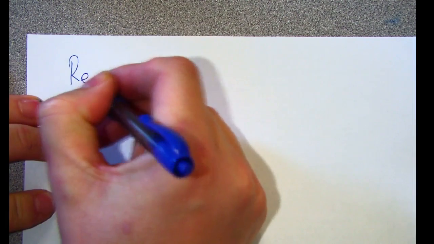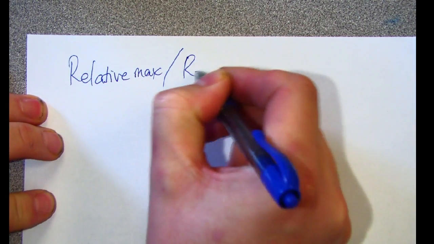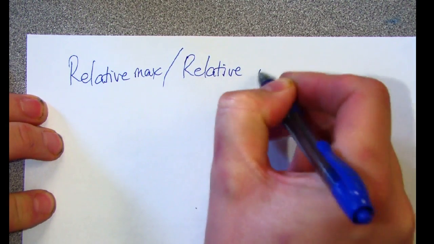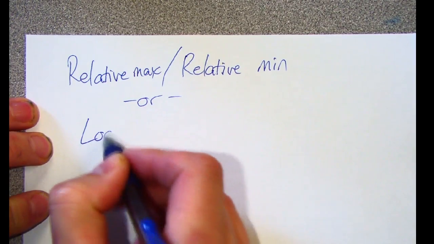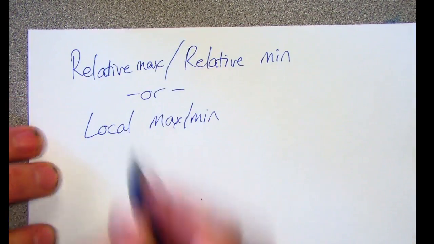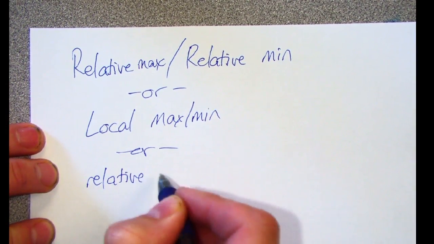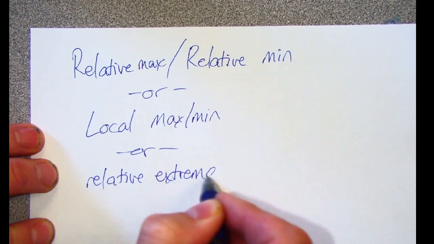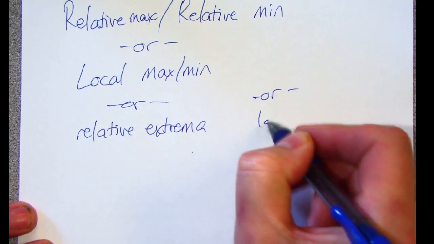Okay, so yesterday we did increasing and decreasing, and today we're going to talk about relative max and relative min, which could also be called local max and min, or relative extrema, because it's like the extreme values, the max and the min, or local extrema.